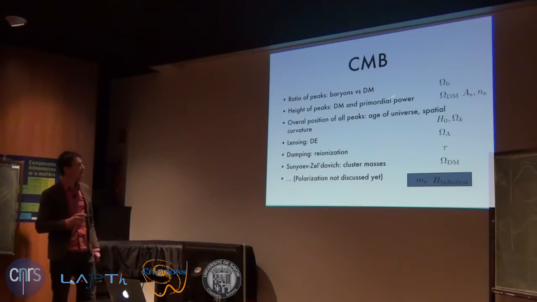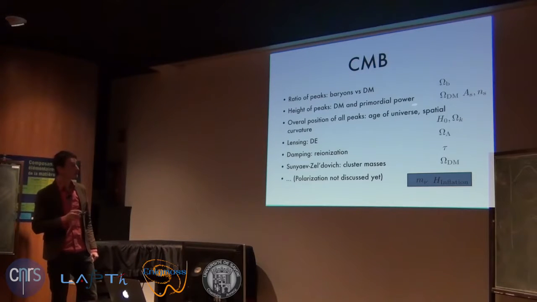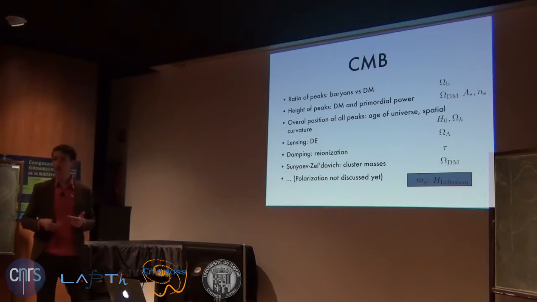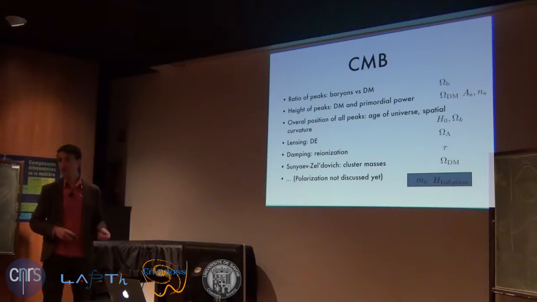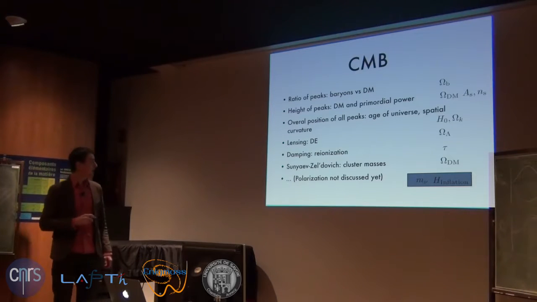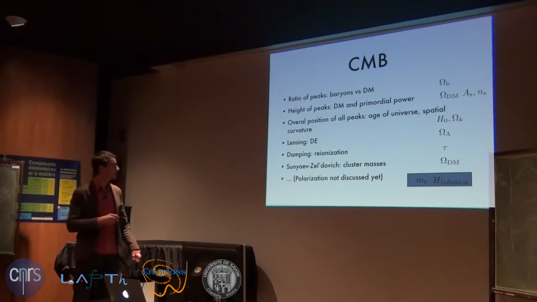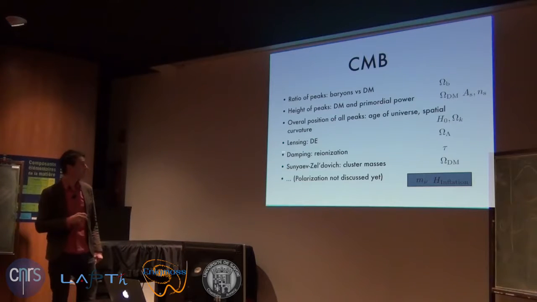So the ratio of the peaks gives you the relation between baryons and dark matter. The height of the peaks gives you the amount of dark matter, and also the primordial power, the initial power spectrum that seeded the perturbations, which I did not say anything about, but I will address that tomorrow. The overall angular position of the peaks gives you a hold on the age of the universe, because the expansion rate is directly related to the age of the universe, and spatial curvature.